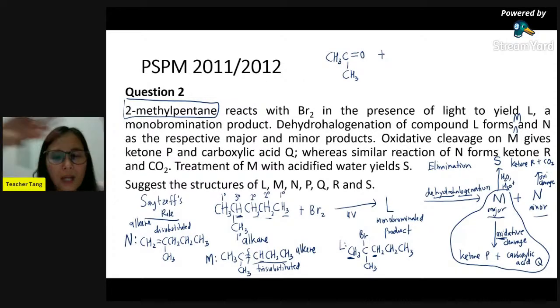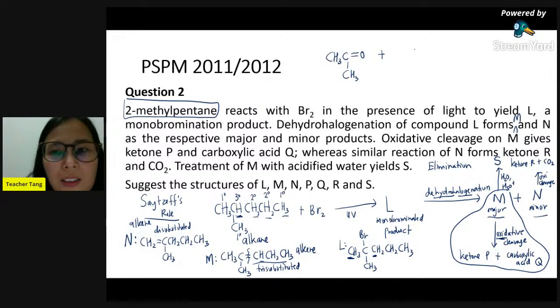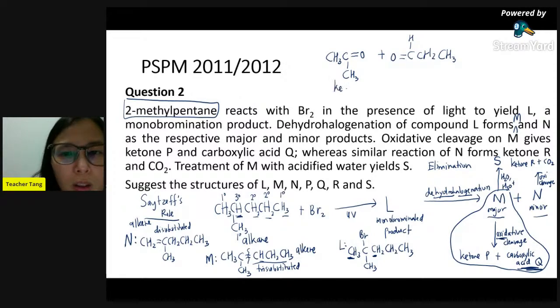So it breaks in half, that's why you get two products. You get CH double bond here, CH2, CH3. The question tells you that you get carboxylic acid Q. So this is our ketone, definitely ketone P, so this must be carboxylic acid Q.